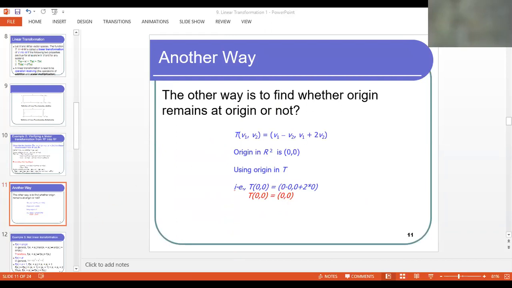In that case, I must give you some overview of one of the simulations. If zero remains zero under T, then we can say it is a linear transformation.